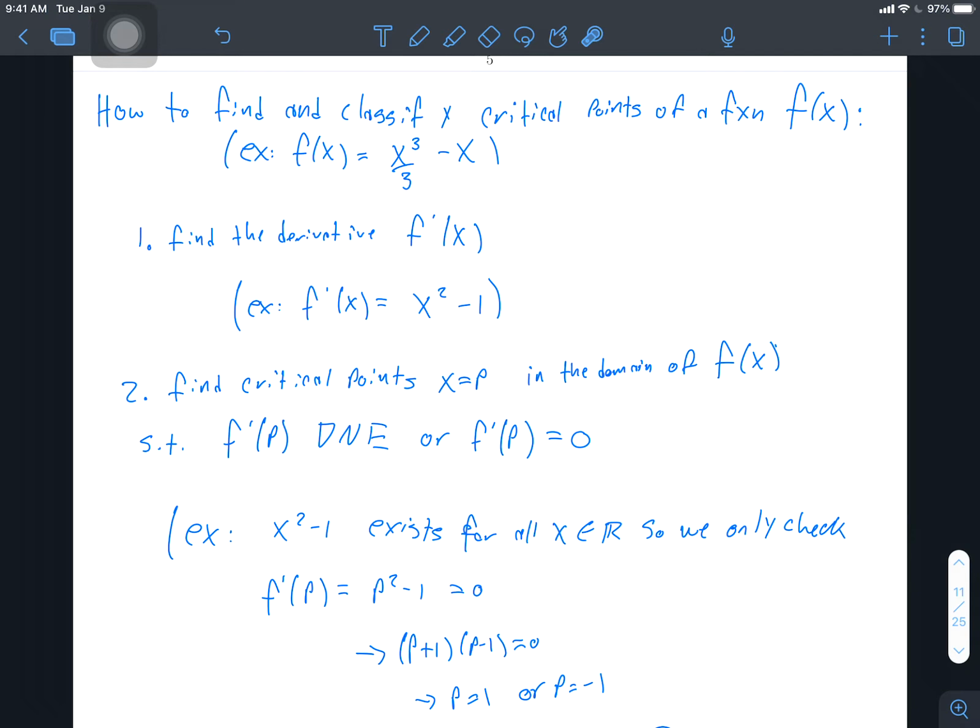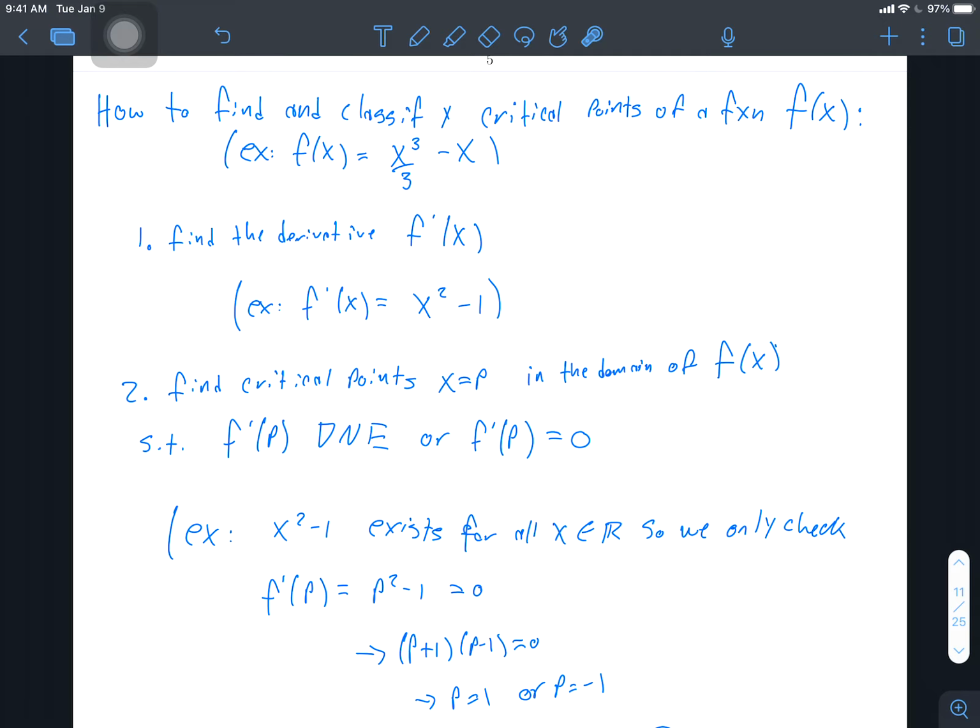The way I find them is through a two-step process. I take the derivative of that function. For the function which I've written in parentheses here, the derivative would be x squared minus 1. And the second step is to find all of the points x equals p such that if I plug them into the derivative, I either get that it doesn't exist, or f prime of p is equal to 0.